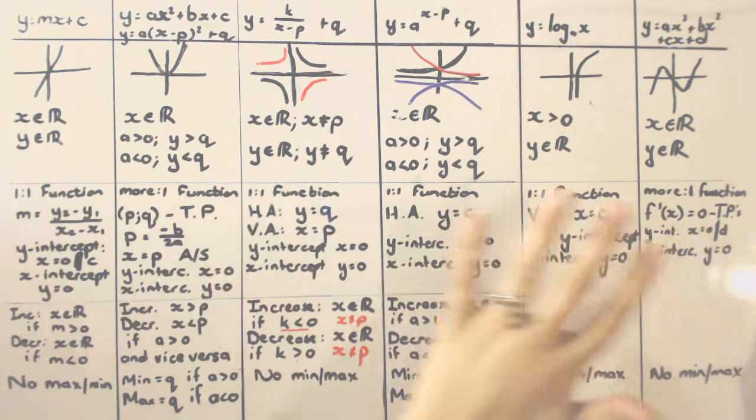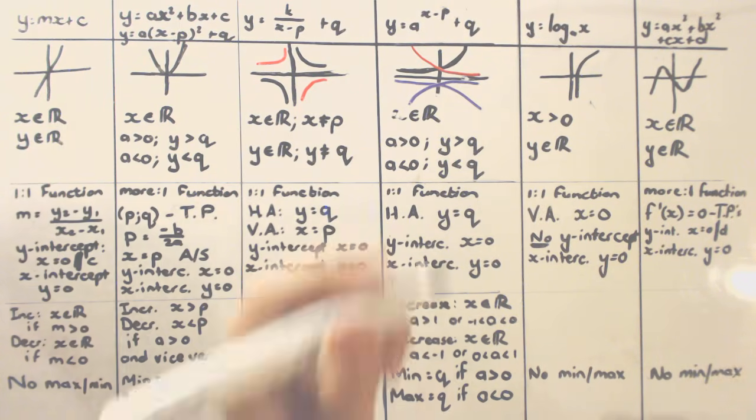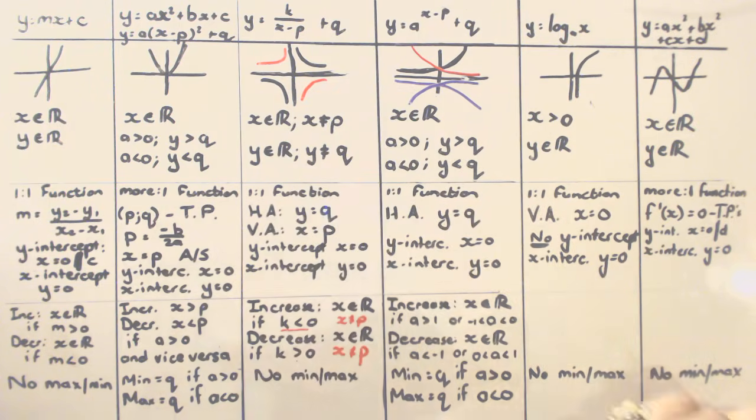If you can do this summary out of your head, then you know this stuff, and this will really help you in the exams and with graphs. It speeds up your understanding and your global understanding of how graphs work, and you'll be able to answer all sorts of questions, even if they change the question a little bit.